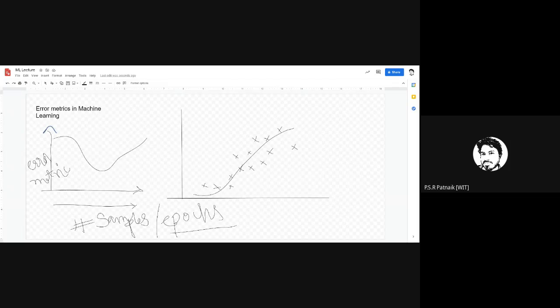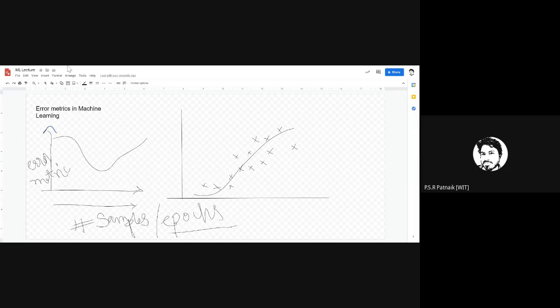Can you tell me how you would calculate the error for this curve? Remember, this curve is not covering all the data points. Not every data point falls on this curve, but it is trying to fit the behavior of these points. So I want to find out the error value associated with this linear regression curve.